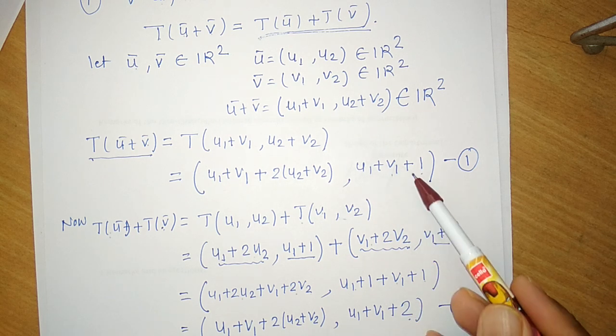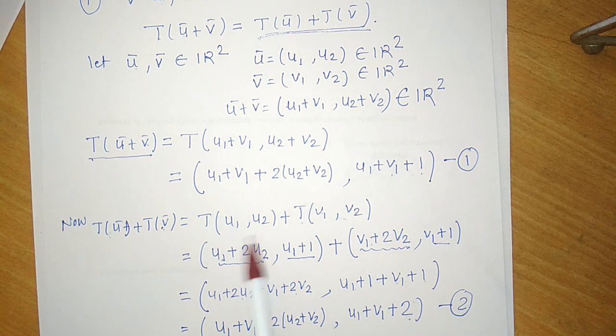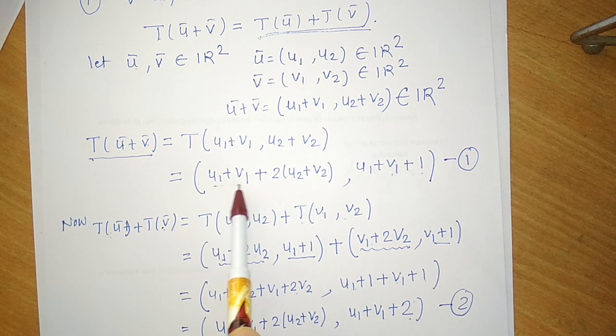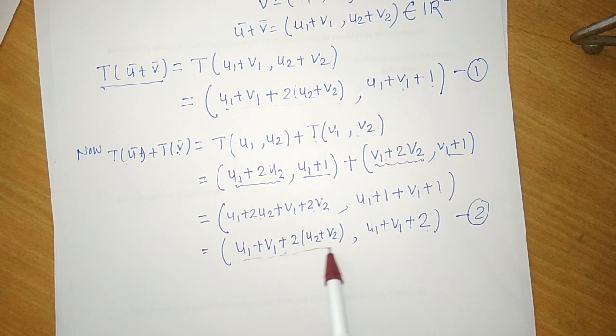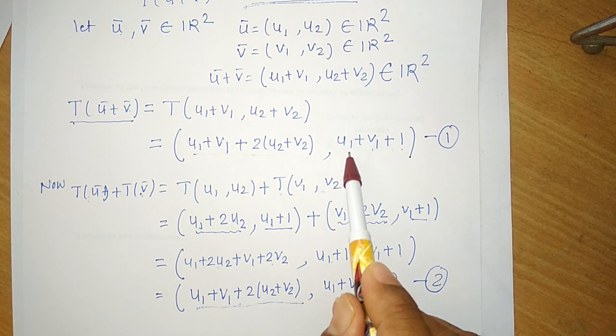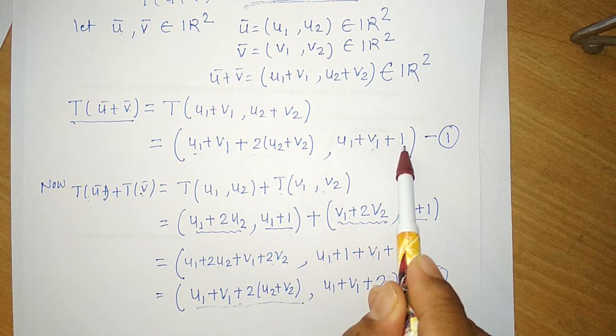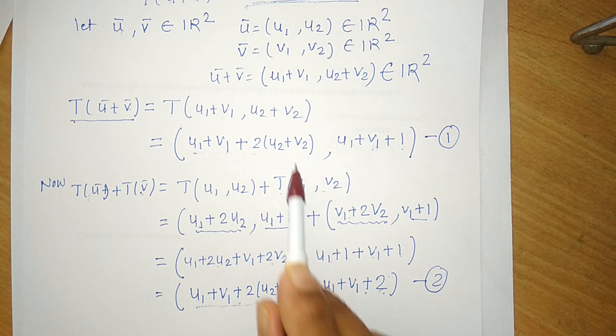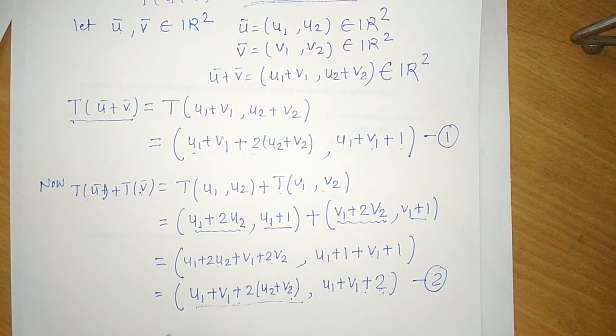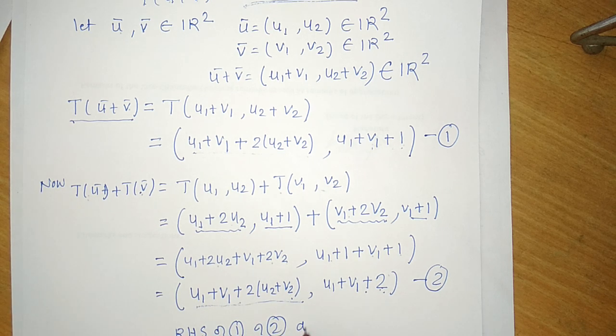If you observe these two vectors, equation 1 and 2, the first components are the same: u1 plus v1 plus 2 times u2 plus v2. But the second component here is u1 plus v1 plus 1, and here u1 plus v1 plus 2. So this is 1 and this is 2. The second components are not equal, so these two vectors are not equal. So the right hand sides of 1 and 2 are not equal.